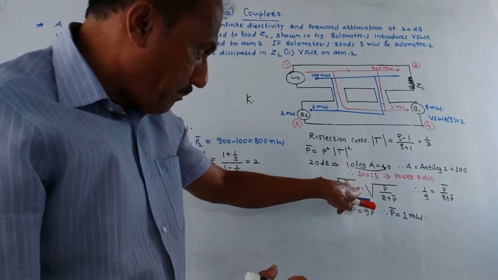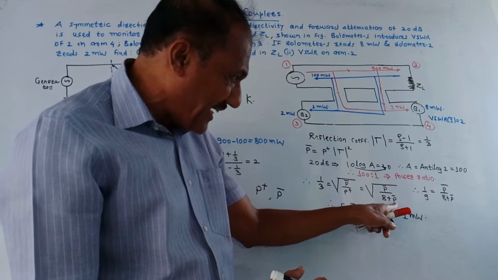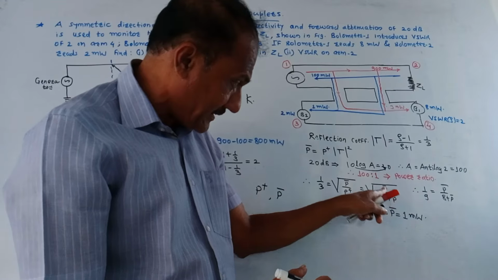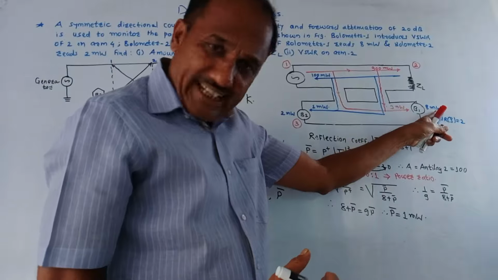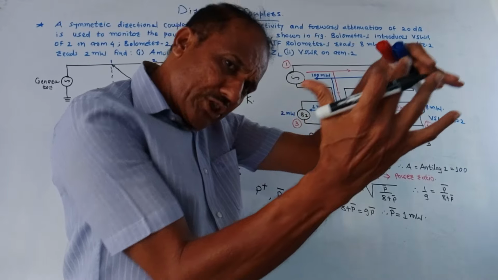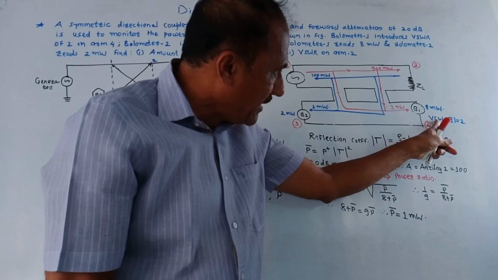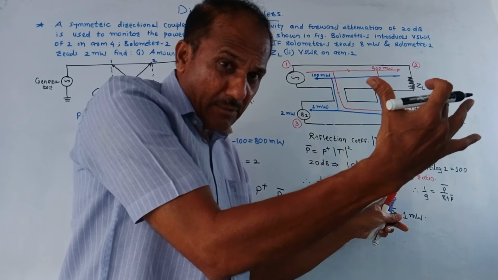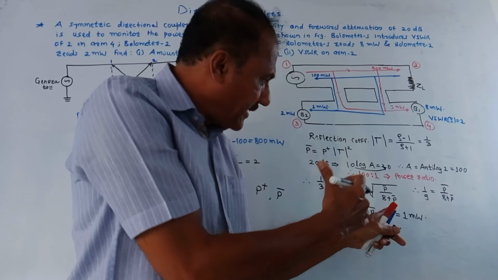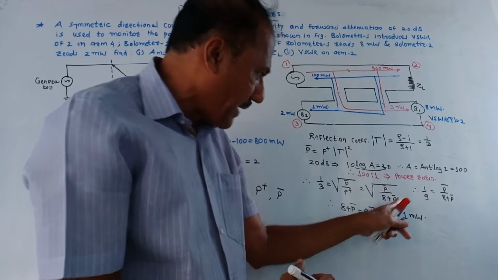So it is P bar upon 8 plus P bar, because this bolometer reads 8 milliwatt and some portion is getting reflected. So it is actually 8, the reading by bolometer B1, plus P bar, where P bar or P minus is the reflected power.